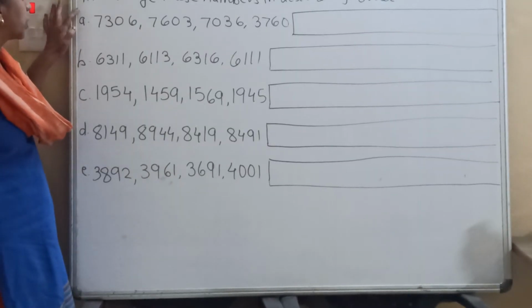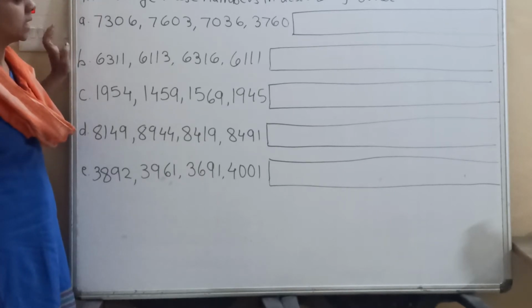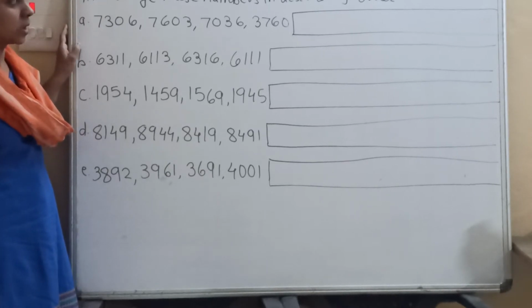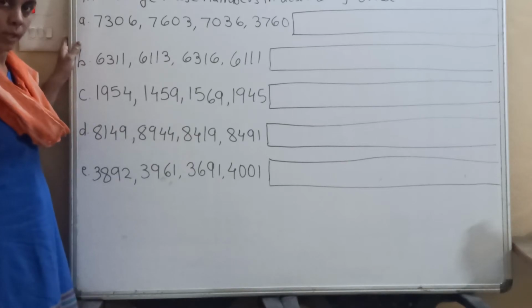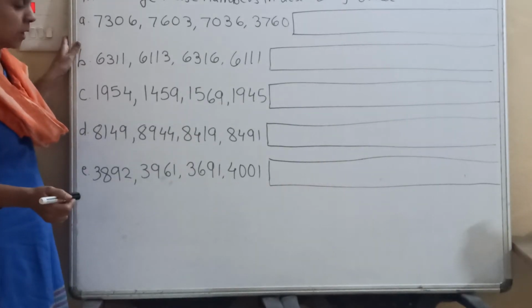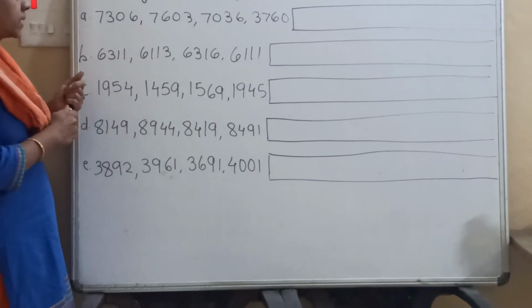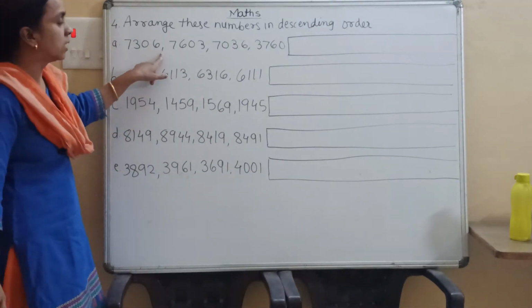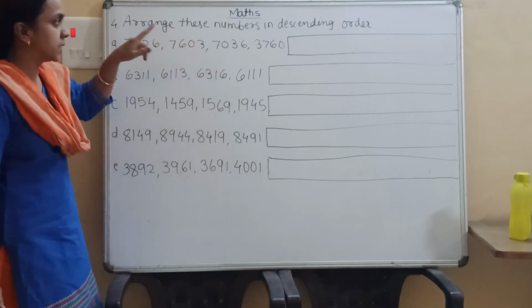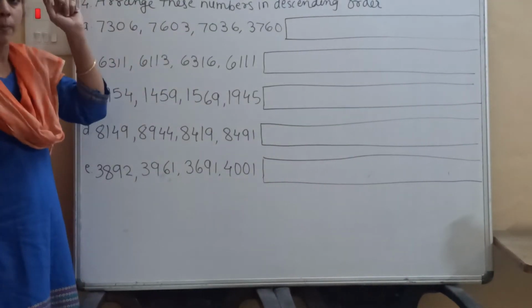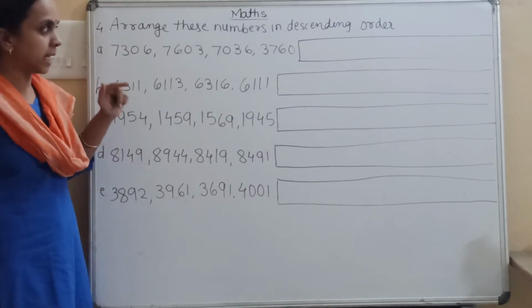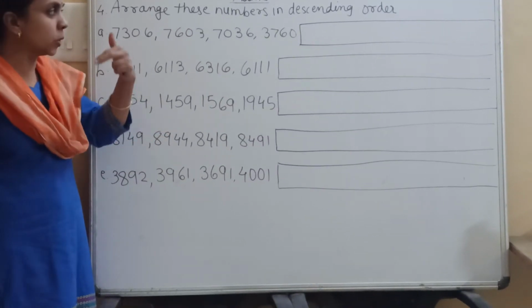Now see fourth question. Arrange these numbers in descending order. Descending order means from bigger to smaller number, and we have to use the greater than sign here. So first we have to find out the bigger number. Ascending means smaller to bigger.